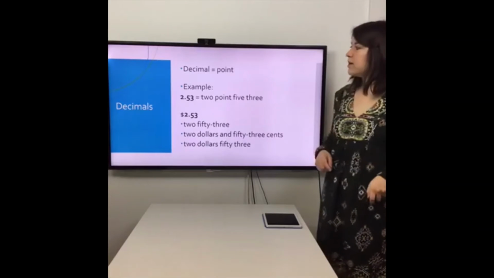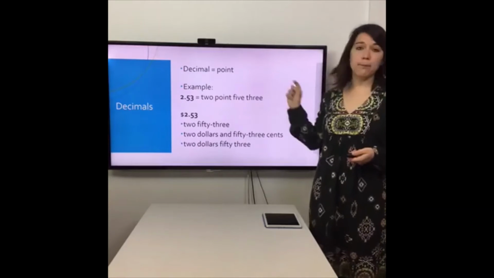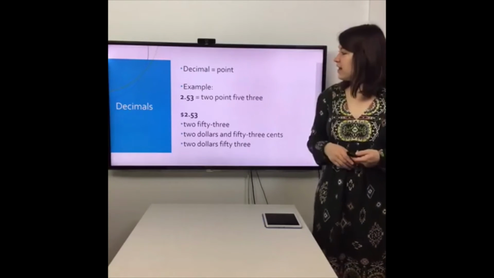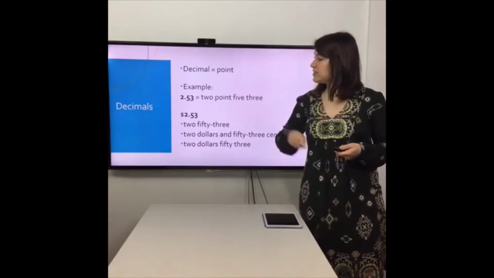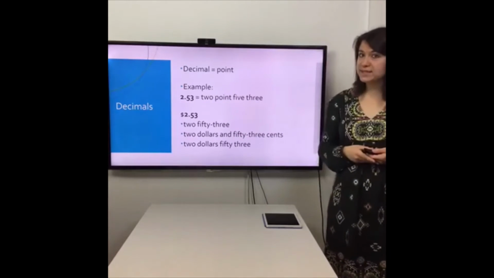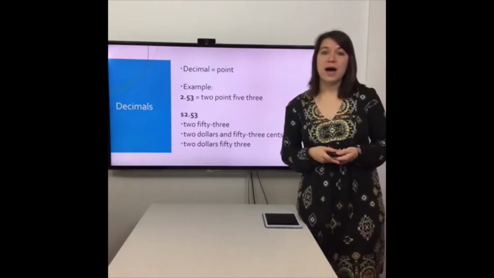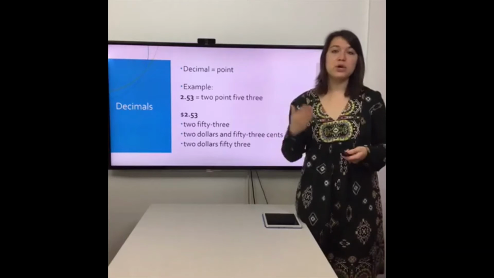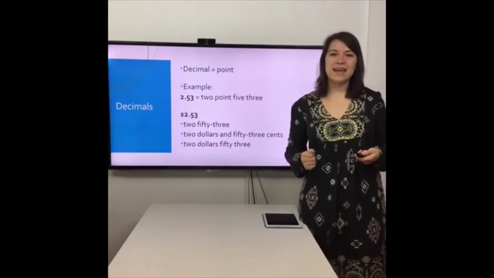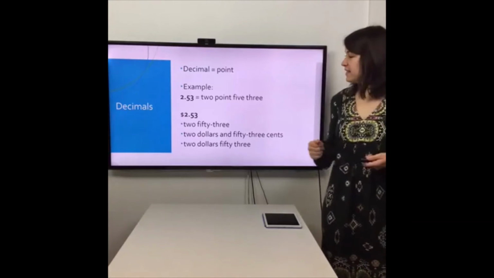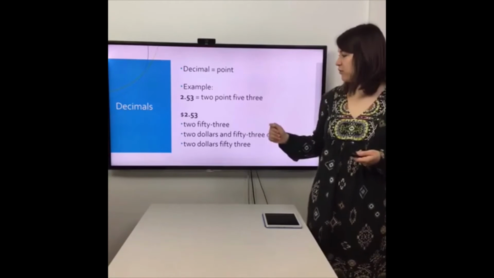What about decimals? A decimal we also call a point. So let's look at a few examples. Here, this number, we would say two point five three, okay? But if we're talking about currency, about euros or dollars or pounds, then we say it a little bit differently. In this example, we have a dollar sign with 2.53.